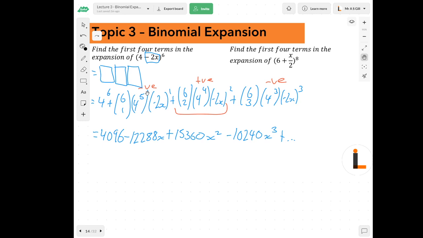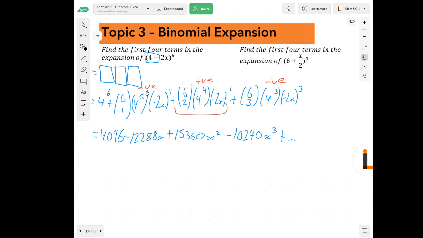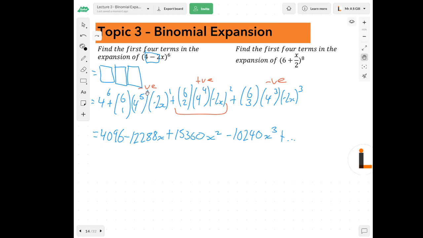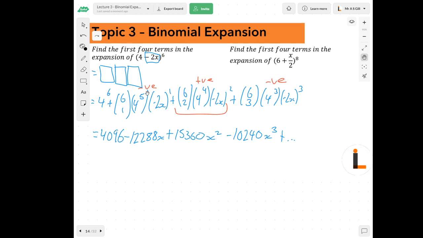I'm going to get some massive numbers for this one, just so you're aware. So I'm going to start writing out the answer for this right hand side question. I'm just going to do it at the bottom of the screen here, just to give myself some space.